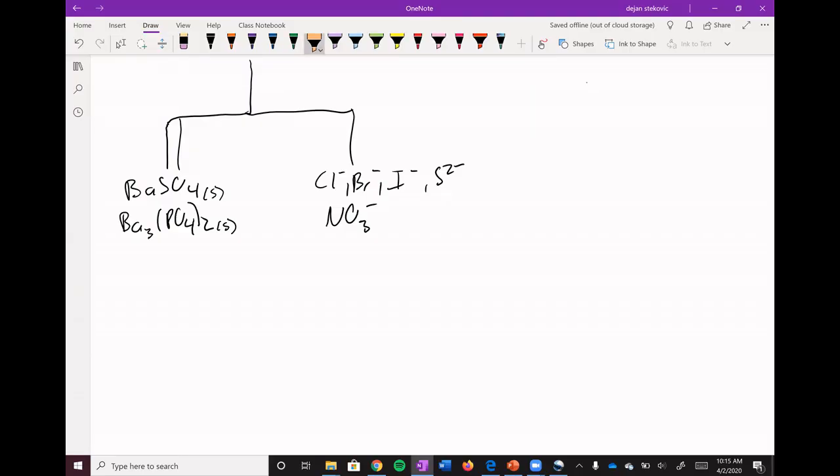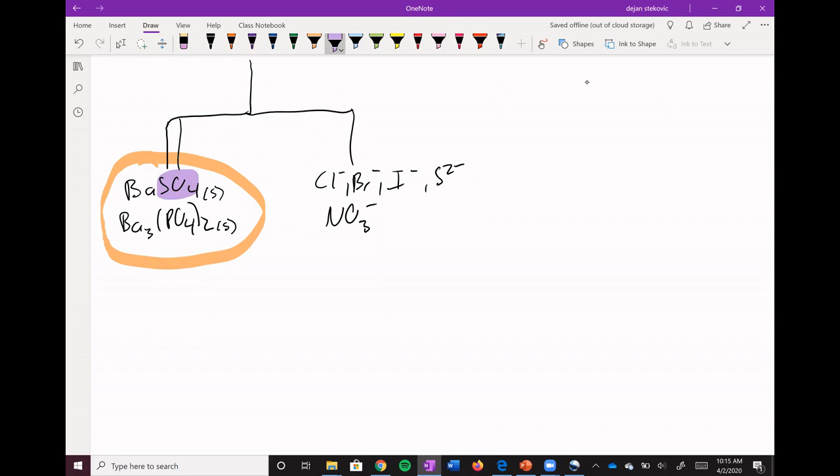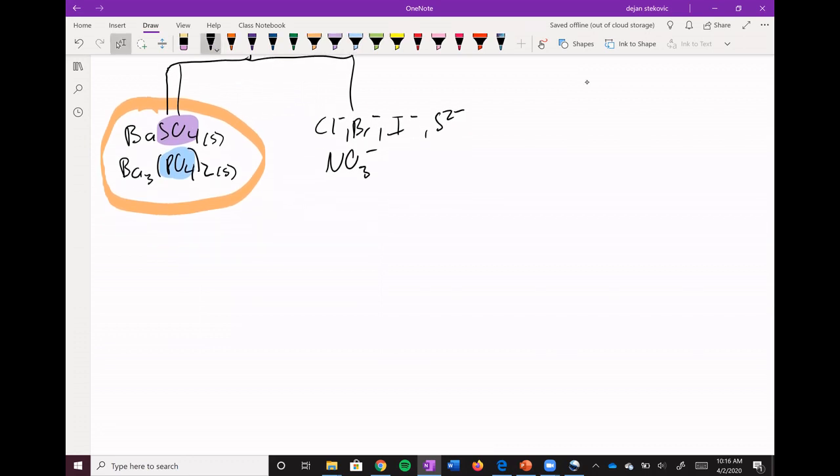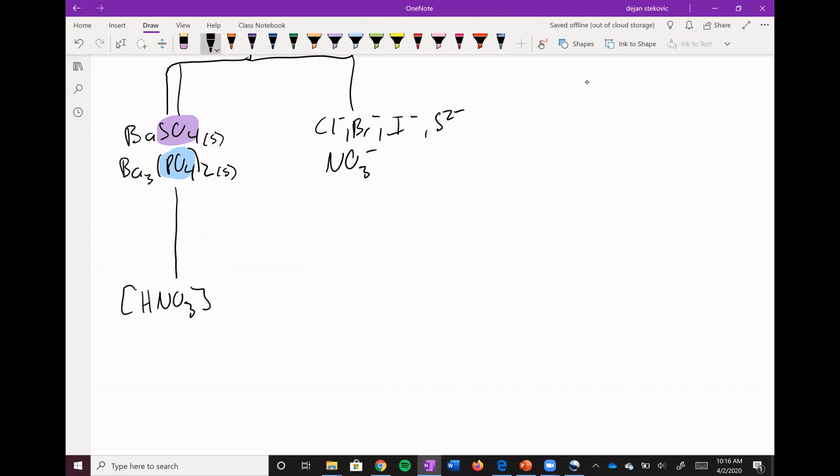All right, so in this next step, we're going to take a look at this solid here, and we're going to try to answer the question of, is this sulfate or is this phosphate, right? They're both white solids here, so we can't differentiate them currently. So the next thing we're going to do here is add some nitric acid. And really, we just want the acid here.